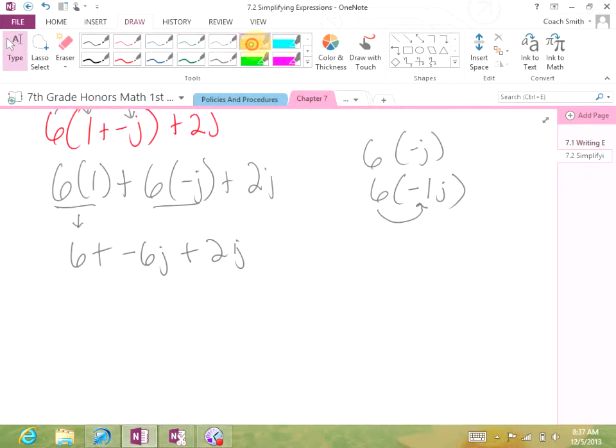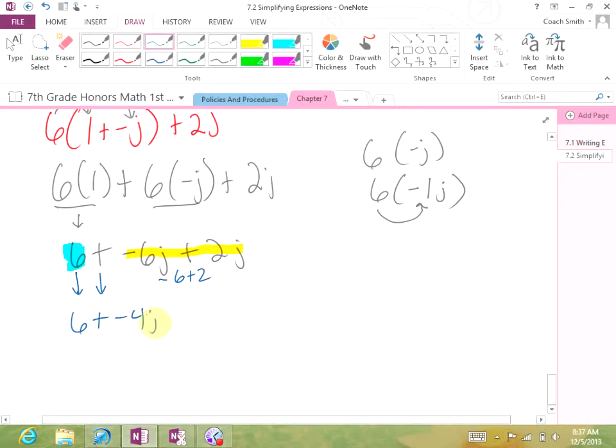Okay, I already have my like terms together, and there's only one constant. So I just bring the constant down, I bring the addition sign down. Whoops, not another 6, that's not an addition sign. Okay, now I put negative 6 plus a positive 2 gives me what? Negative 4, and that's a j.